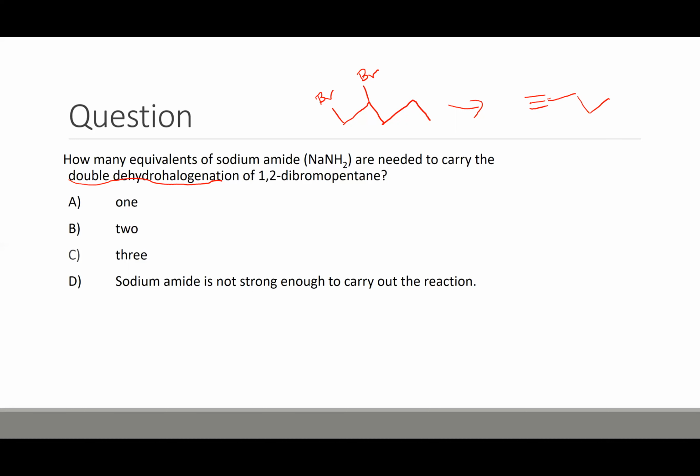This has 1, 2, 3, 4, 5 carbons. And to do this reaction, we are going to need NaNH2, and we will need 3 equivalents of it, remember, and then water. So 3 equivalents are needed to do this reaction.